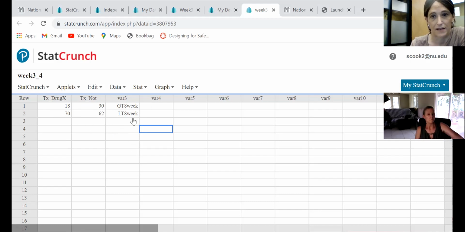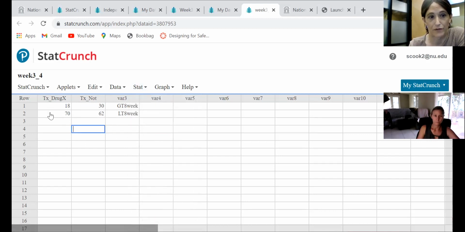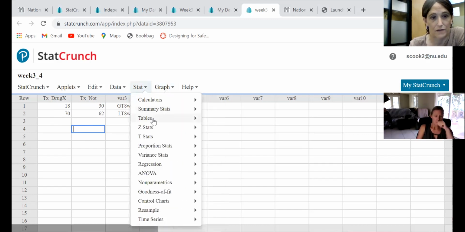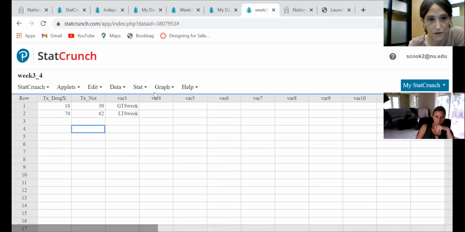But obviously it's not going to tell me any statistics looking at it this way. But that's something to keep in mind when you're entering the data, is it really is going to look a lot like the table. In fact, you could put the labels over here and then put the columns over here, and it would look exactly like the table. But if I do Stat and then Tables, Contingency, oops, Stat.